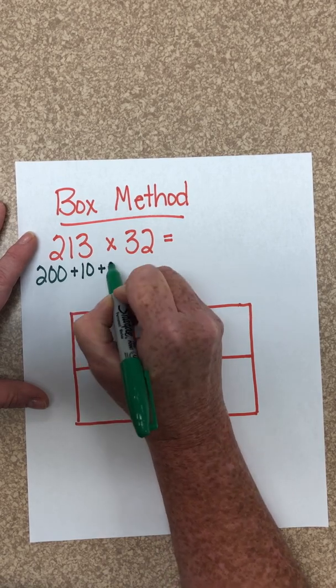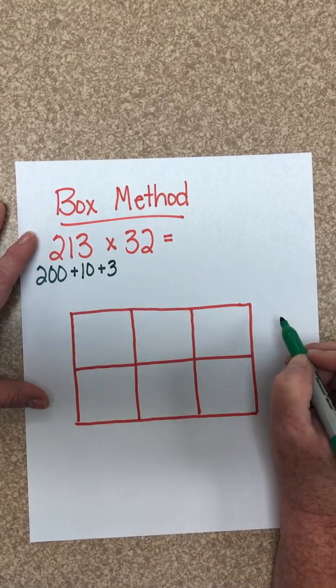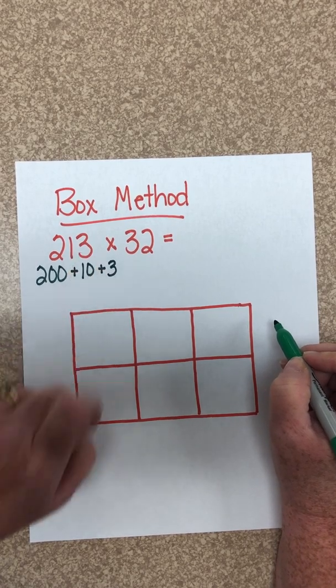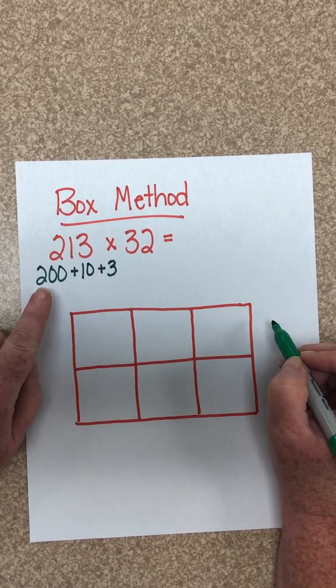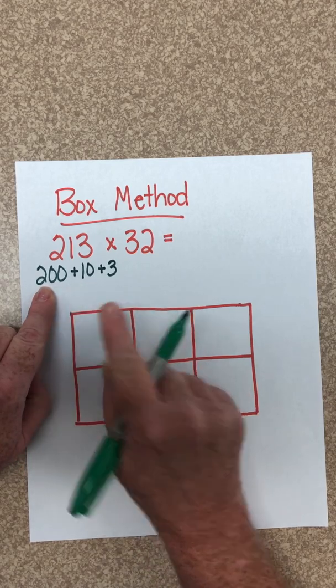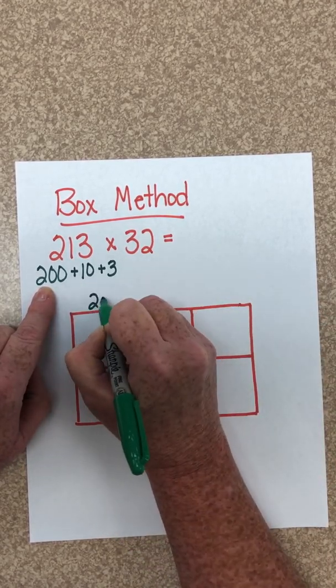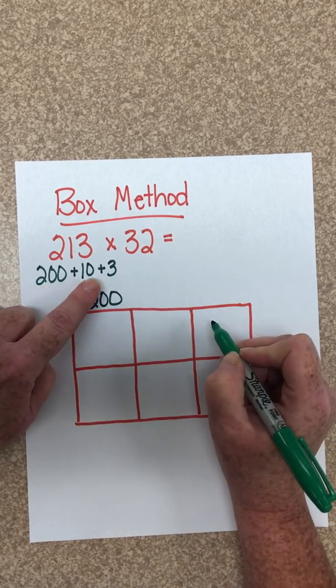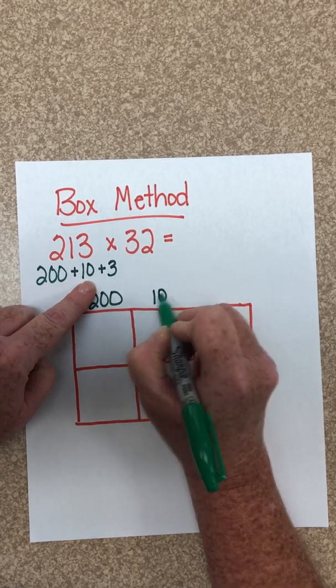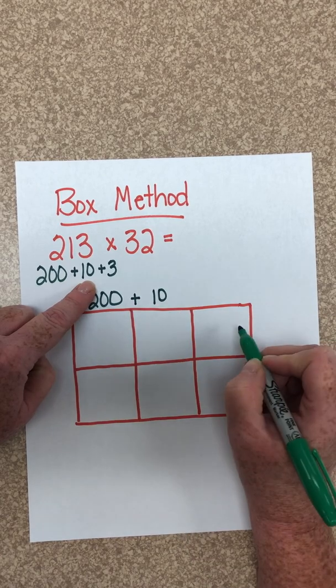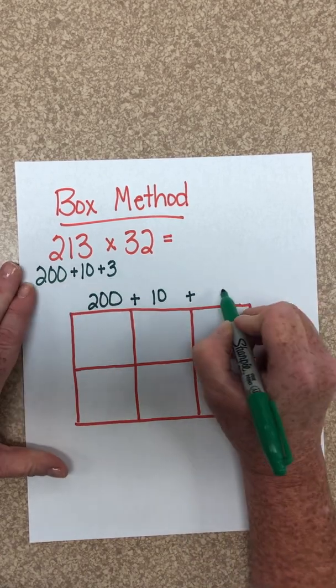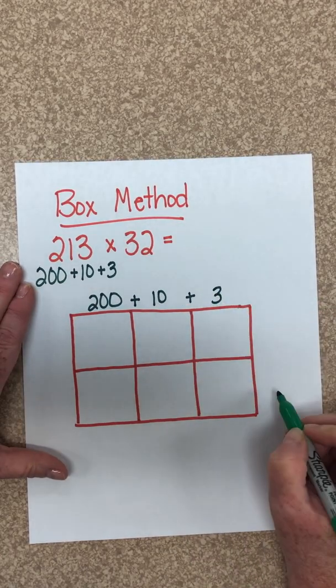And the 3 is in ones place. So 10 plus 3 makes that 13. This number will go on the top of the box in the first column. 10 goes in the middle. And we are adding these numbers together. And the 3 goes above the last column.